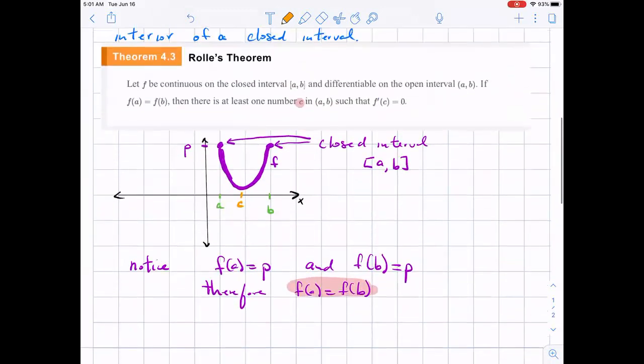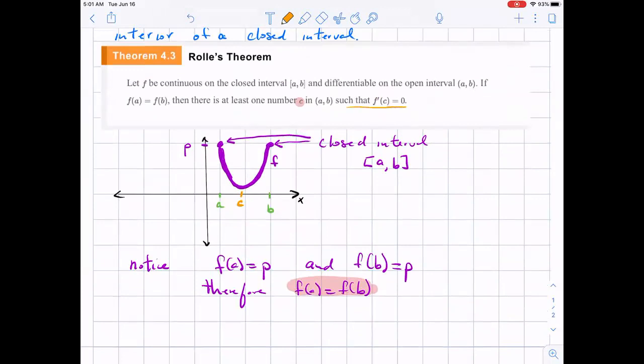What this means is the slope at c is 0. If you look at this point here, the tangent line there has slope 0. That's what Rolle's theorem is telling you in words, and from a graphical perspective you see what it is.